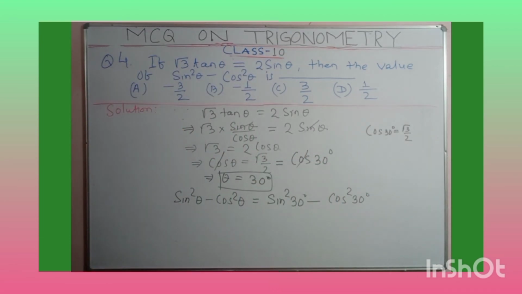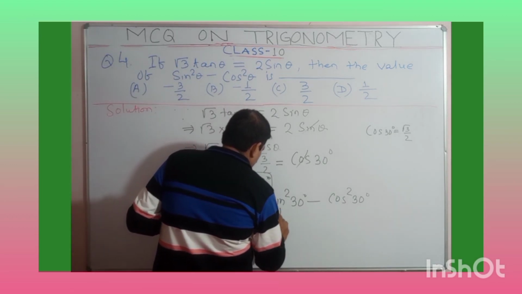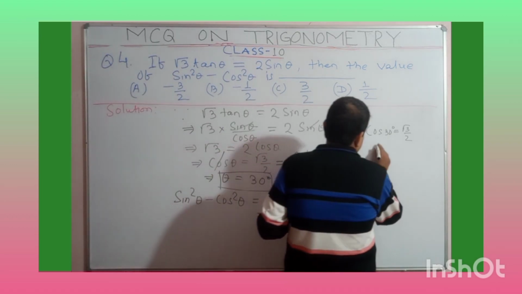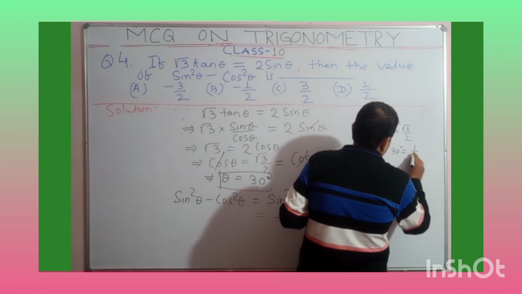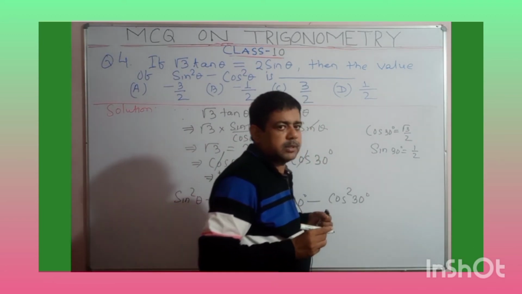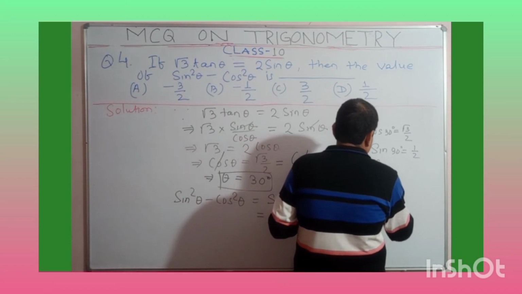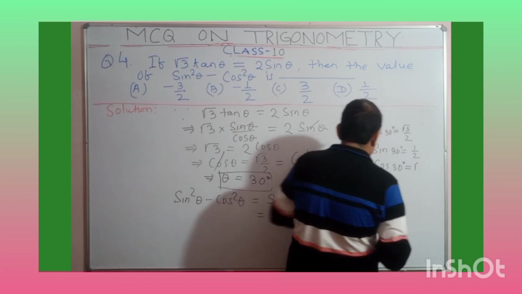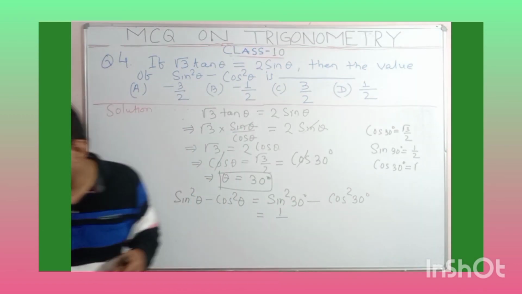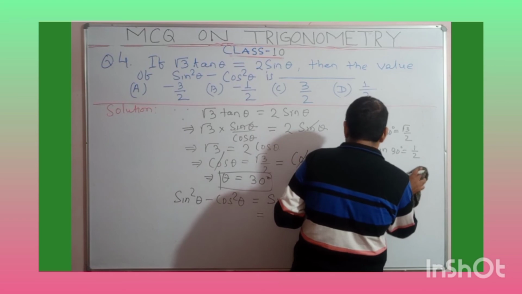So sin square 30, how much? You know sin 30 degrees is equal to 1 upon 2. Similarly cos 30 degrees is root 3 upon 2, already written here. The cos 30 is root 3 upon 2. Sin 30 is 1 upon 2.